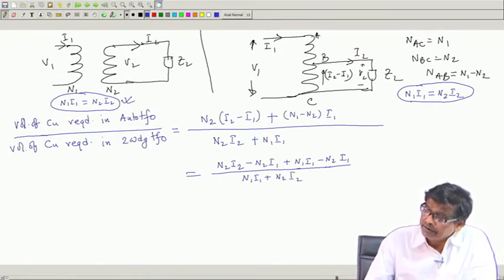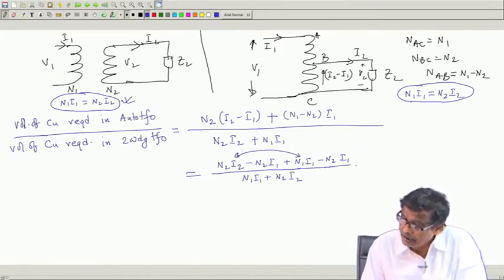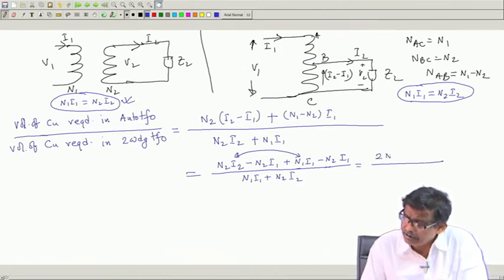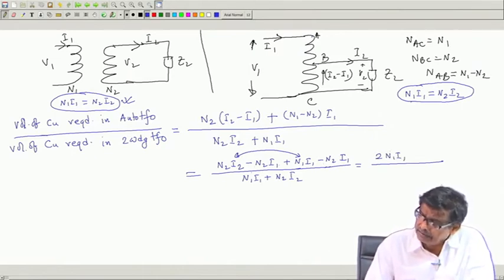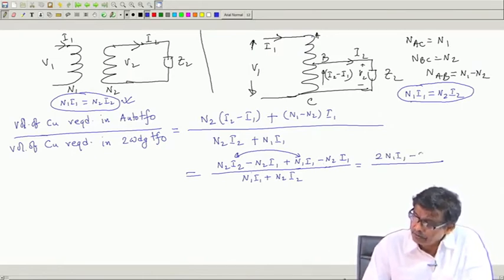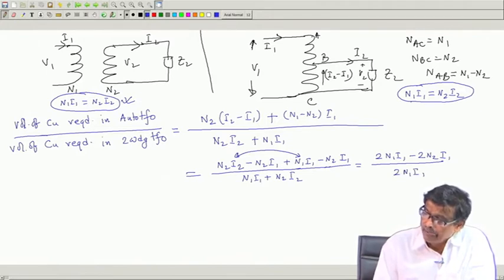But N1 I1 is equal to N2 I2 from both these. So, these two can be combined and simply written as 2 N1 I1, is not, and this is minus 2 N2 I1, that is this term and this term, and below it is 2 N1 I1 I can write, is not.